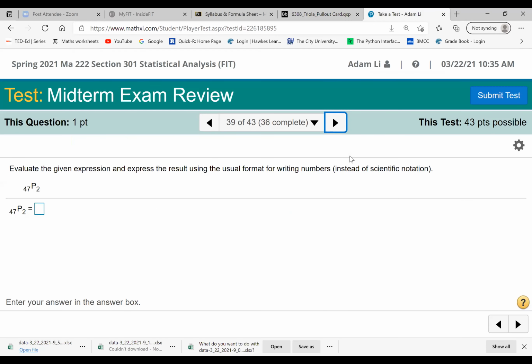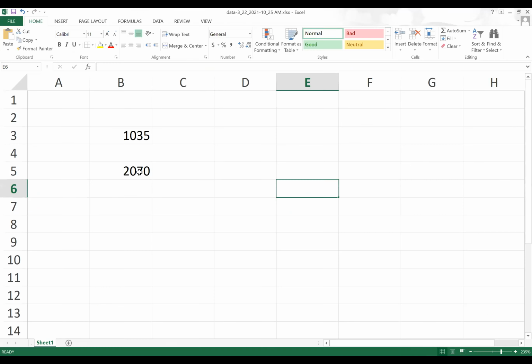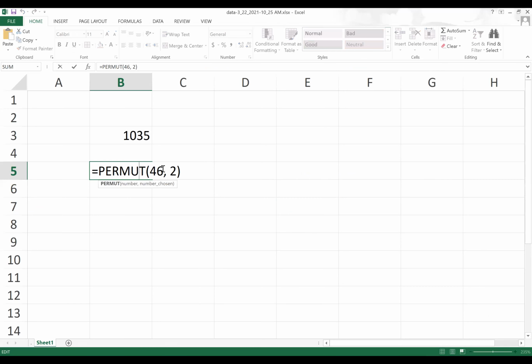Okay. Question 39. So this is picking 2 out of 47. Let's quickly do that in Excel. So now using permutation, instead of 46, it's 47, right? You're picking 2 numbers out of 47 total numbers, and order matters. Here we do rearrange those 2 numbers in a sequential order.